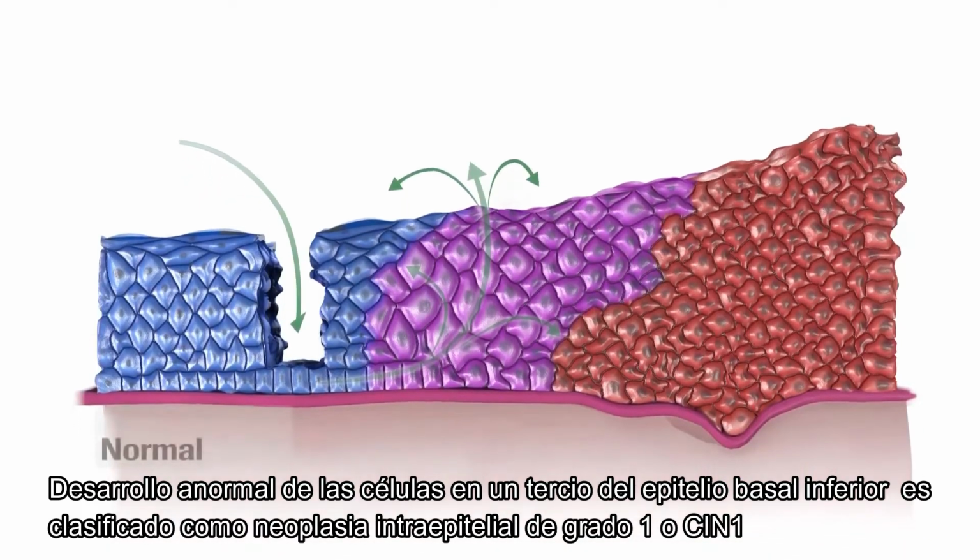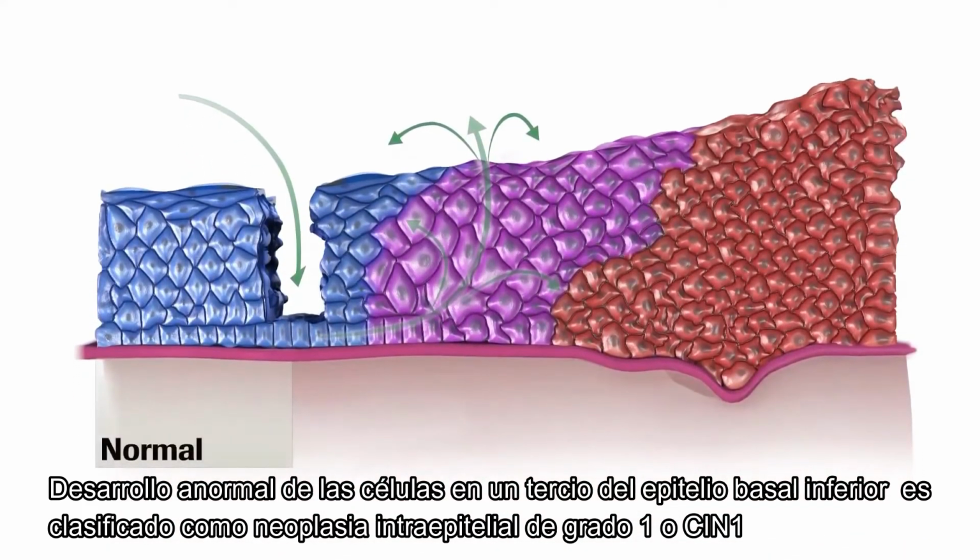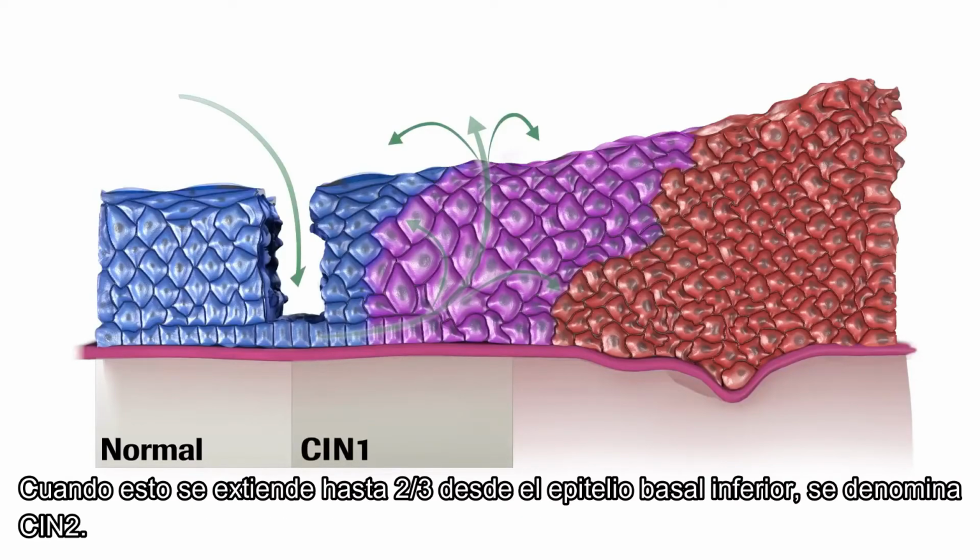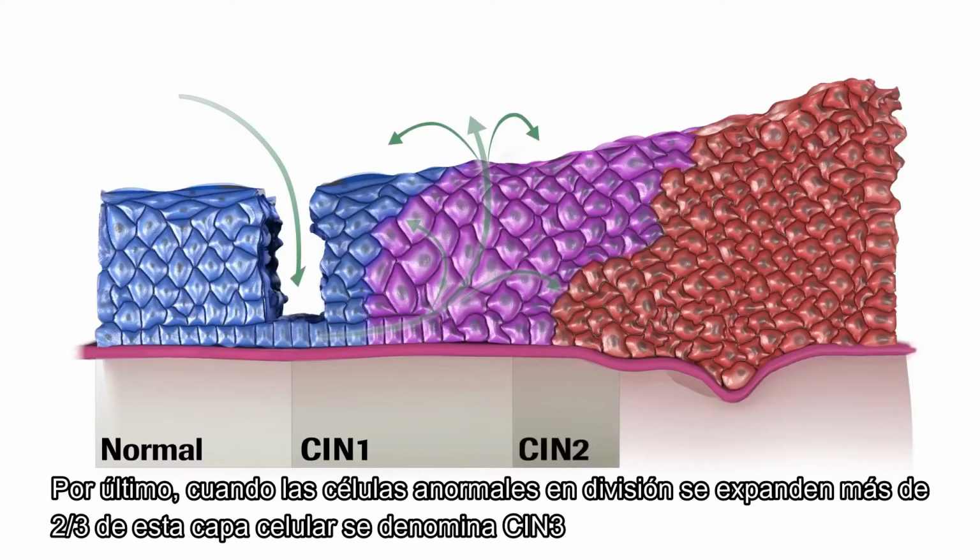Abnormal cell growth in the lower one-third of the basal epithelium is categorized as cervical intraepithelial neoplasia grade 1, or CIN1. When this extends up 2/3 of the way from the bottom basal epithelium, it is CIN2. Ultimately, when the abnormally dividing cells span more than 2/3 of this cell layer, it is referred to as CIN3.